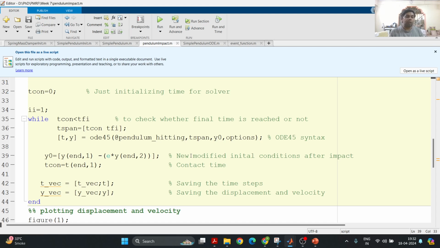So the theta value will be the same as the location of the wall, and the velocity will be basically the coefficient of restitution multiplied by the earlier velocity, with the sign reversed.